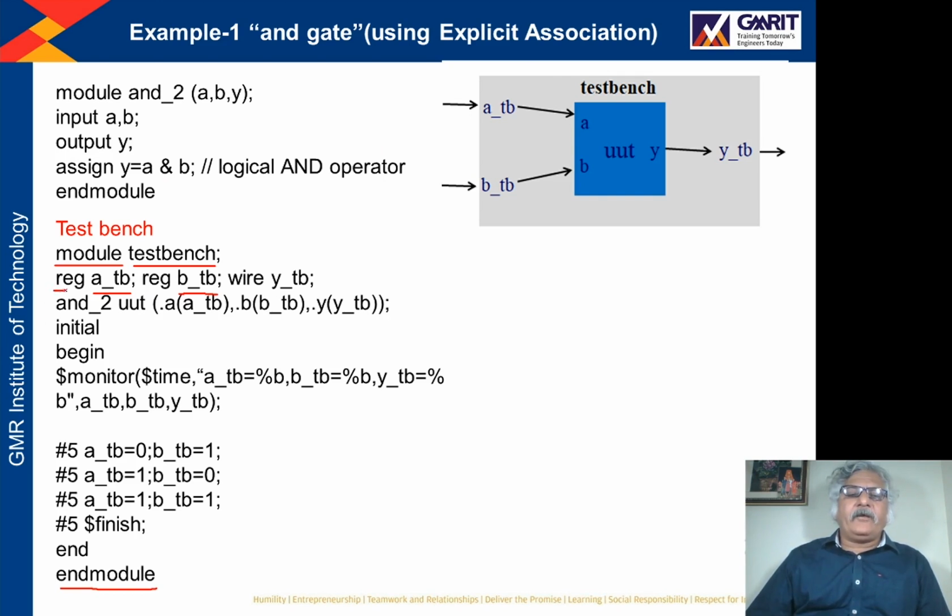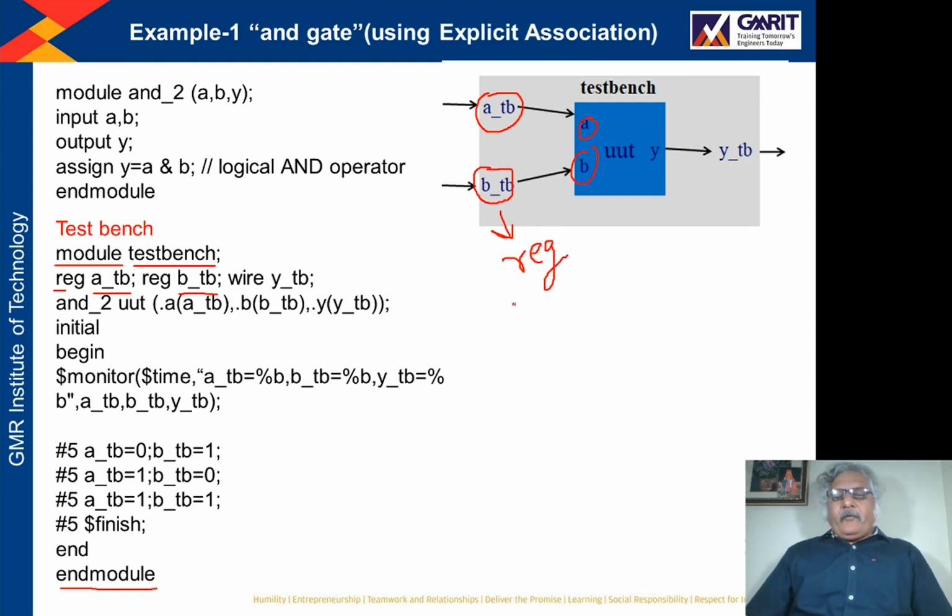So see here I have declared A_TB and B_TB. Since these are connected to the input ports of my unit under test, that's why I have declared both of these as reg.